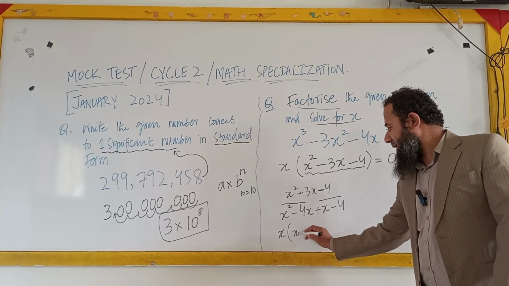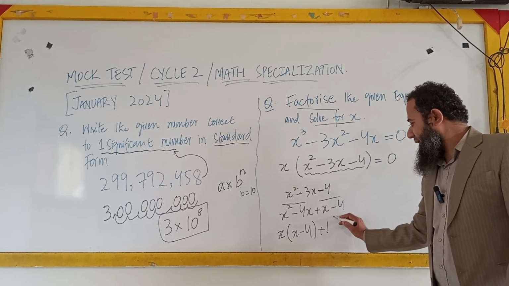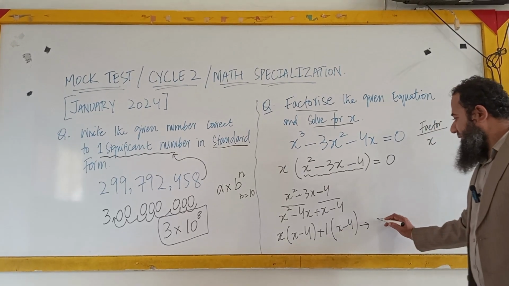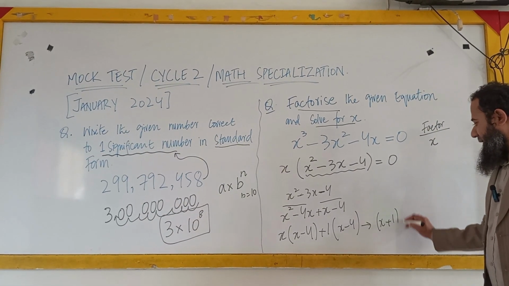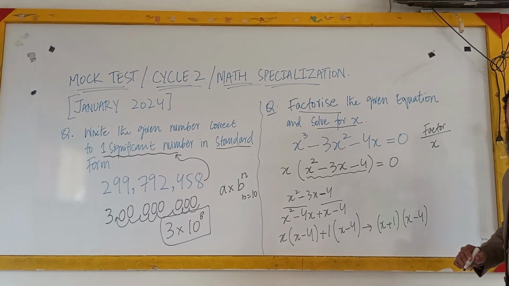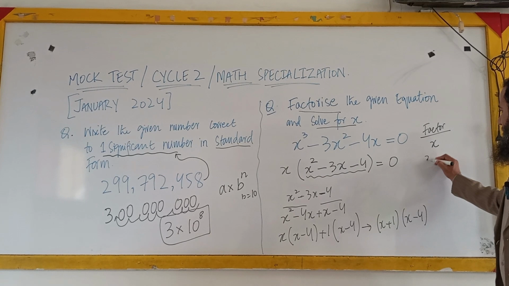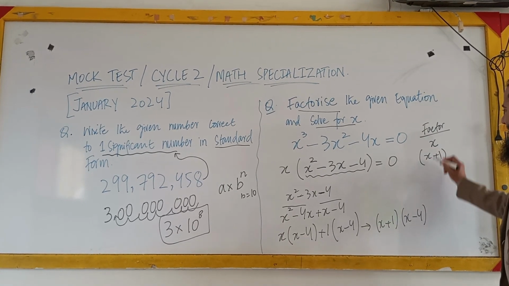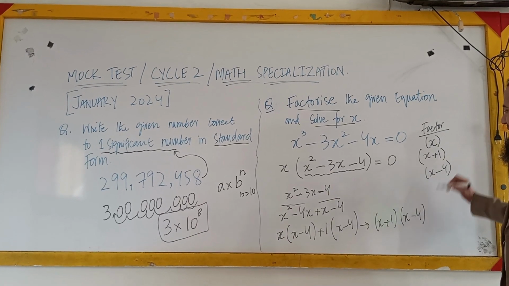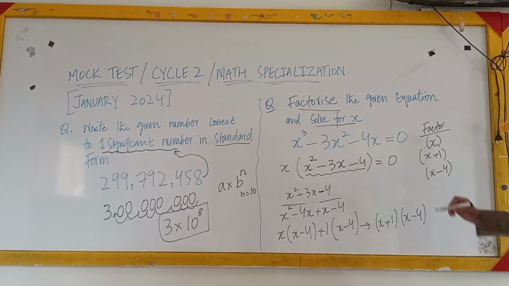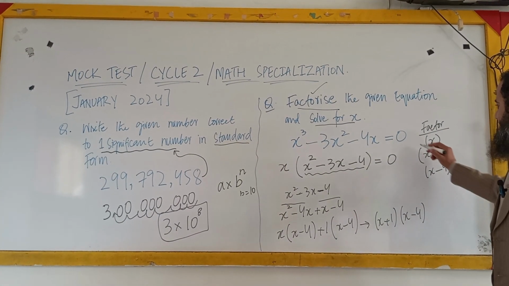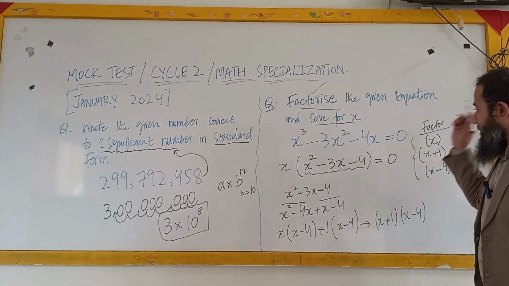So x is common, x minus 4, plus 1 is common, x minus 4, and finally we have x plus 1 as the second factor of the given equation, and x minus 4 as the third factor. So overall we have three factors. The first factor is x, the second factor is x plus 1, and the third factor is x minus 4. This is called the factorization because we know all the factors of the given equation.